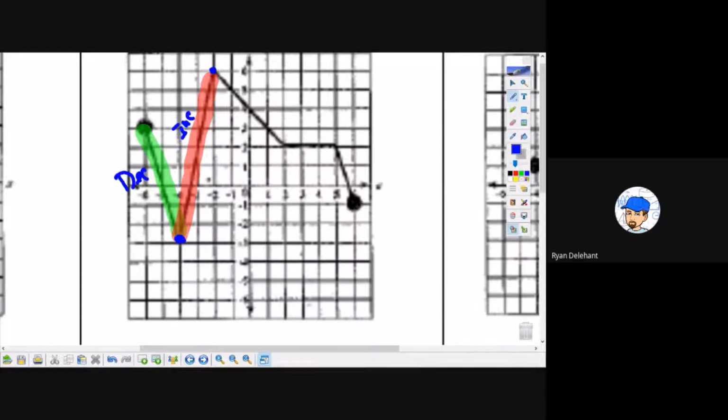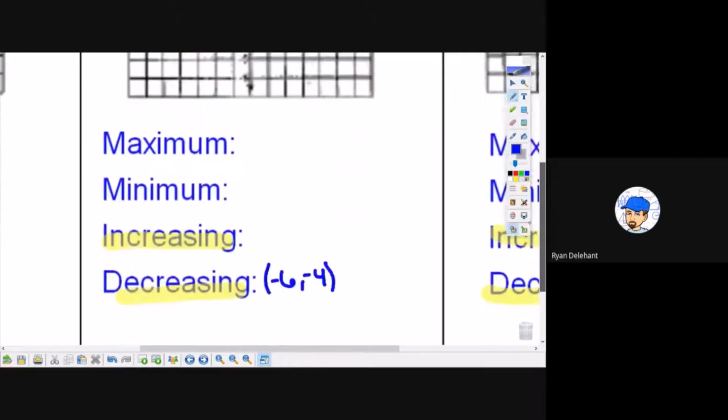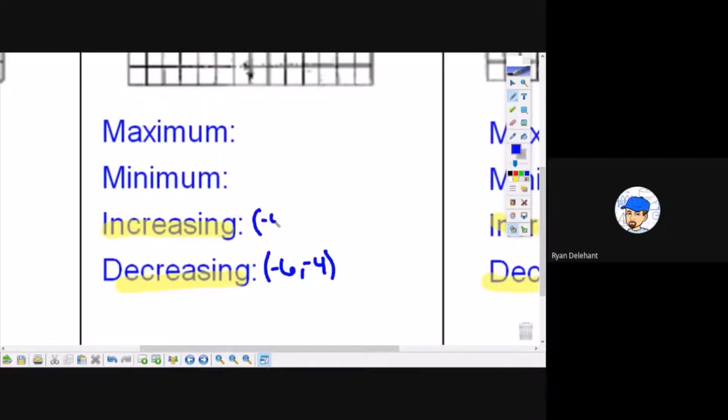That exact moment right there is when you stop increasing and you start decreasing, where you're not changing at all. So the moment in ours is where this is at -4. At that exact spot at -4, we're not decreasing anymore, but we're not increasing yet. We're changing direction. So that's why we exclude the endpoints in this. So this increasing is going to be -4 to -2, and they're both going to be rounded brackets when I go through and list them.